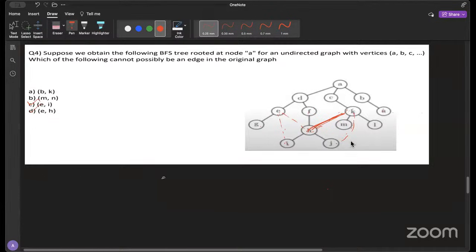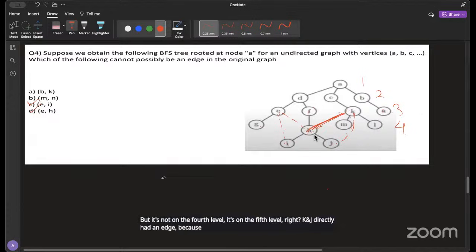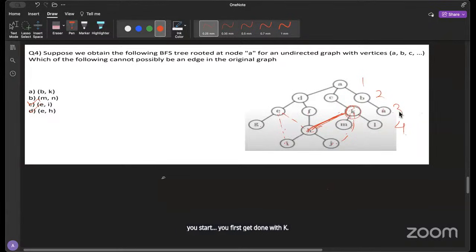K and J can have a problem, because if K and J were actually an edge, then you would see J on this level. This is level 1, level 2, level 3. Then J would be on the 4th level. But it's not on the 4th level, it's on the 5th level, right? You first get done with everything that's on level 3, exploring these vertices, and then you come to the vertices on the 4th level.